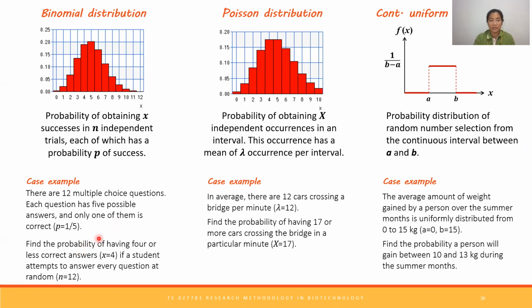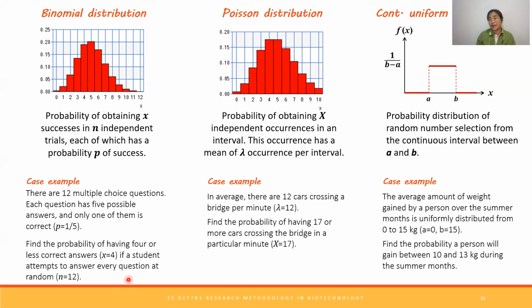Correct? So the binomial distribution is used to find the probability of getting 4 or less right. If the student does all the questions, what is the probability that they get 4 of the questions correct? So find the probability of having 4 or less correct answers if a student attempts to answer every question at random.